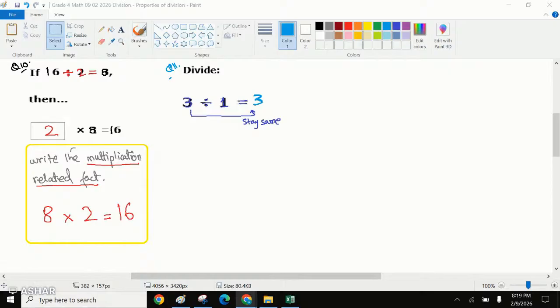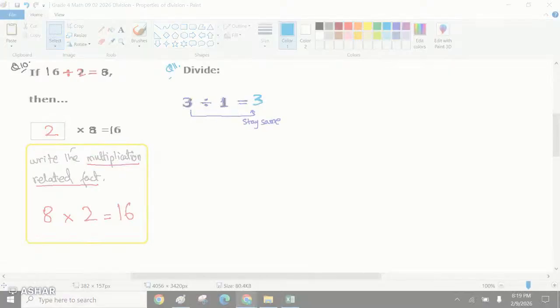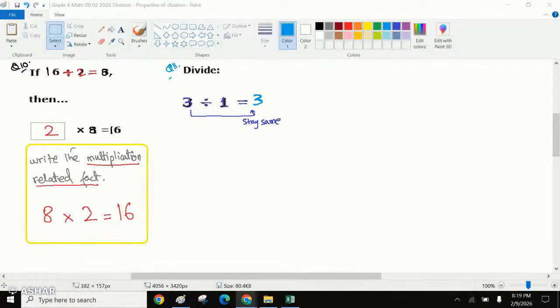Okay. For the next question, it says if 10 is multiplied by 7, I'll remove this answer so that we can solve it ourselves. Then this multiplied by 7 would be this.